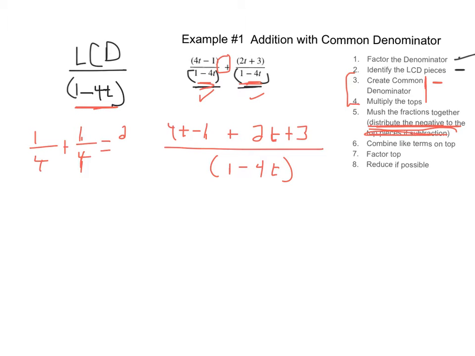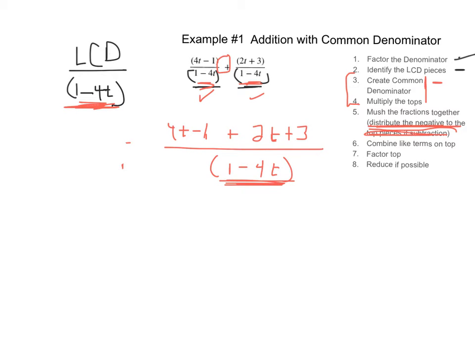But we don't say 4 plus 4 and make this 8. No, we keep it as 4. Why? Because that's our common denominator. So we don't need multiple denominators because we list just the LCD. So let me get rid of this. Whatever our LCD is, that's what we put here at this point.